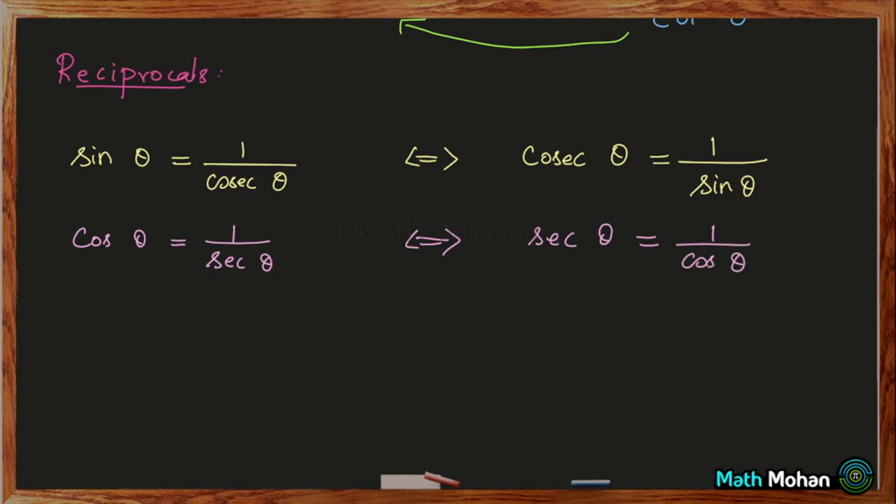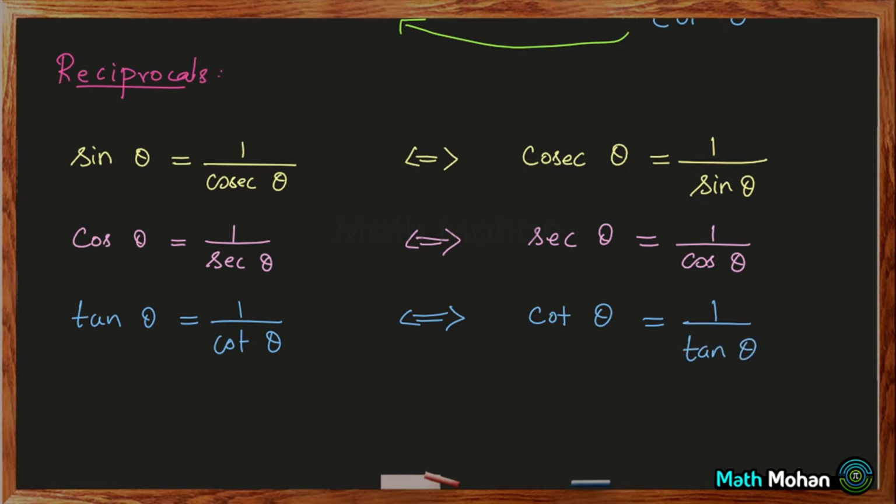The last one is tan theta, which we can write as 1 by cot theta, and reverse, cot theta can be written as 1 by tan theta.